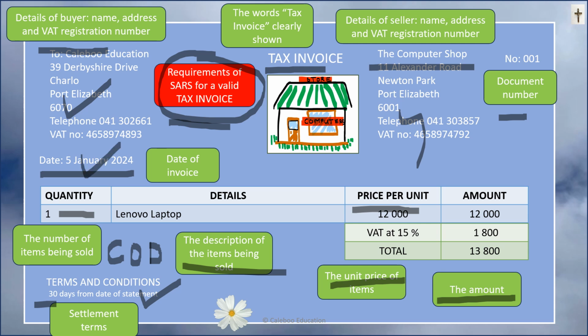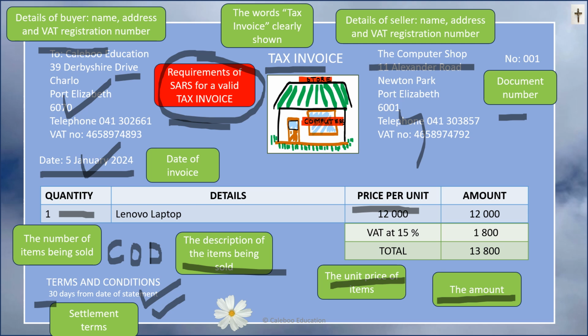So by the 5th of February, this invoice needs to be paid. They could have also put here what would happen if the invoice wasn't paid on date, and I'm sure the computer shop would charge Calibu Education interest on the overdue account if they don't pay on time.